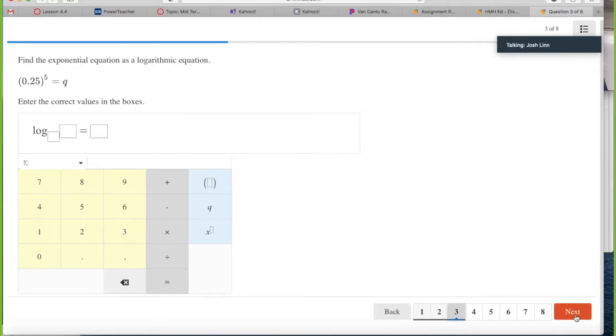Next. So this is the same thing, and I hate how they switch from fractions to decimals, but whatever. So same thing here.